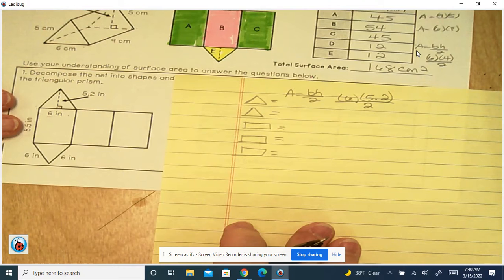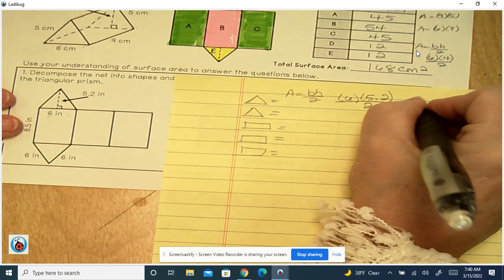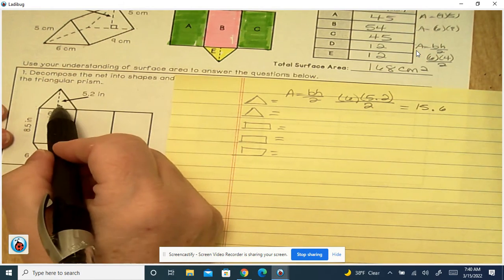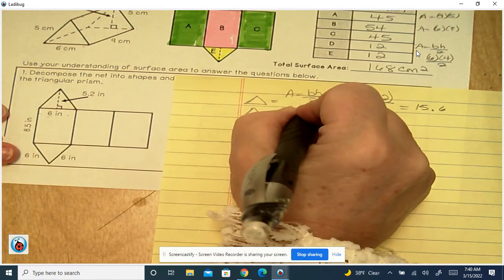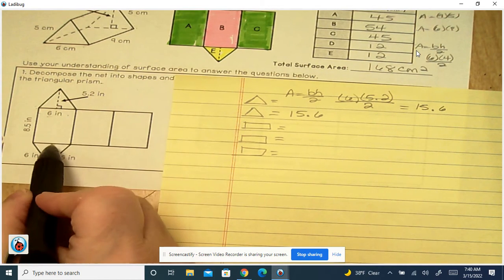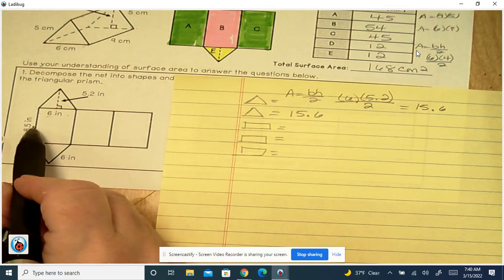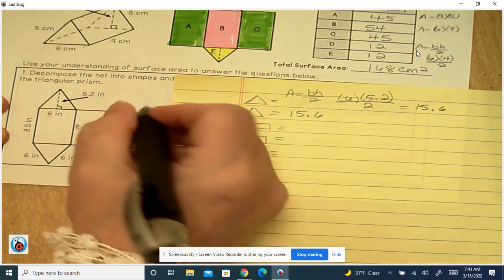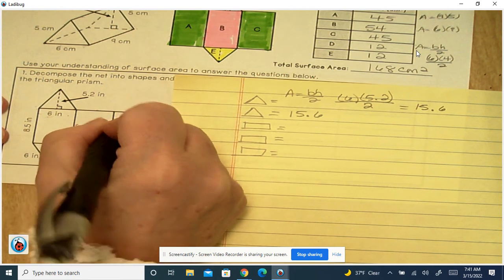So when we do that, we said 6 times 5.2 divided by 2, we get 15.6. So if that triangle is 15.6, then this triangle is 15.6. And this, if this is 8.5, this is 8.5 and 8.5, okay?